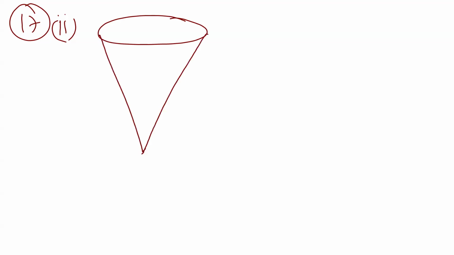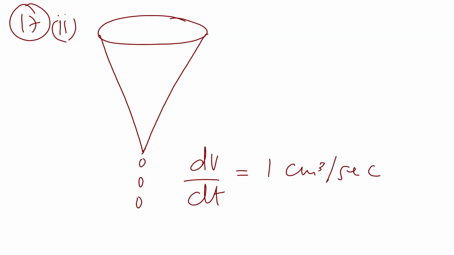Again we have a conical flask over here. The water is dripping out. So dV by dt is equal to 1 cubic centimeter per second. There is some water present inside this flask, so this is the initial value of R, initial value of H, initial value of L. So initial L is 4 centimeters.